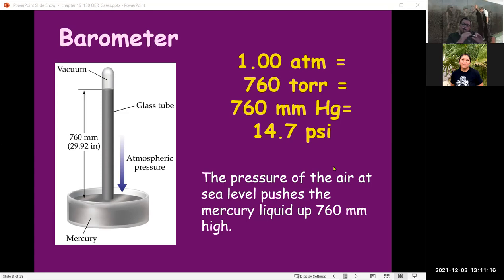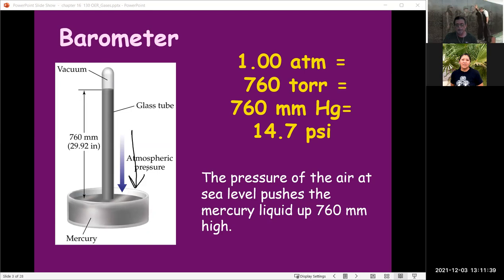Now, with respect to units of pressure, the way that works is we have what's called a barometer. A barometer is basically a tube, an inverted tube. You can see the picture of it here, where you have atmospheric pressure being pressed on the liquid.